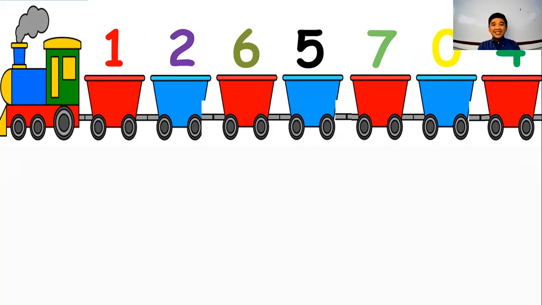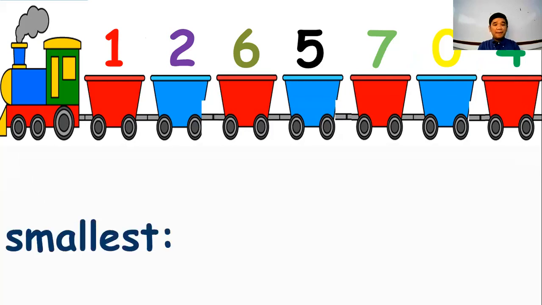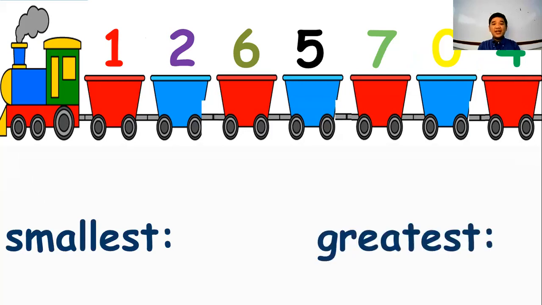So let us identify the smallest number and the greatest number. In this given set, the smallest number is 0. Very good. And the greatest number is 7. That's right.